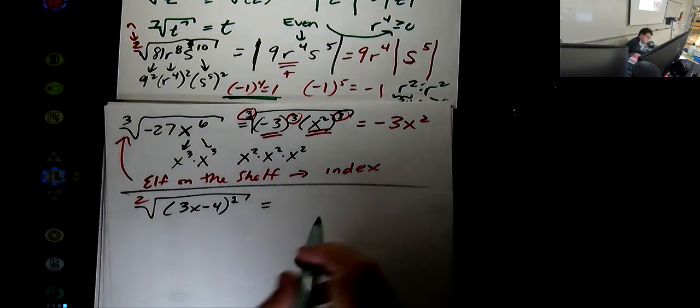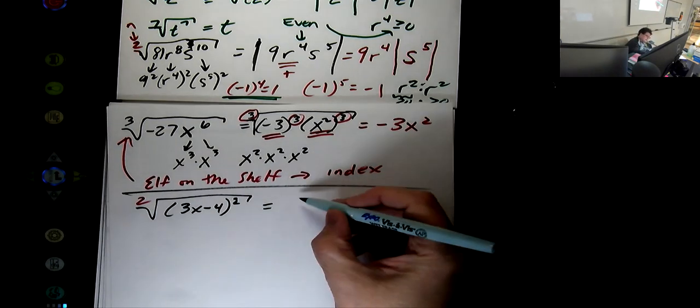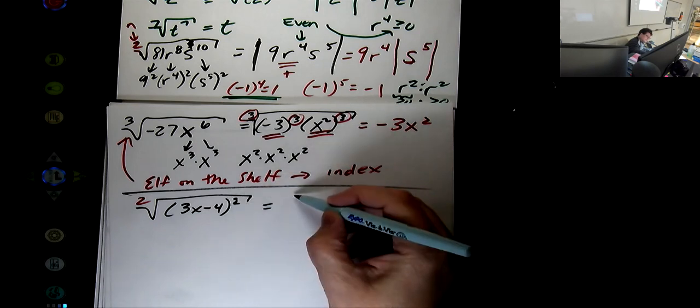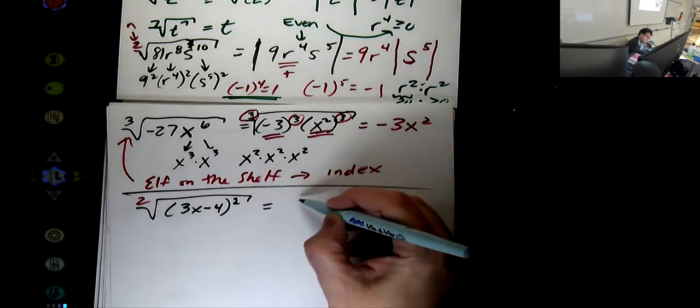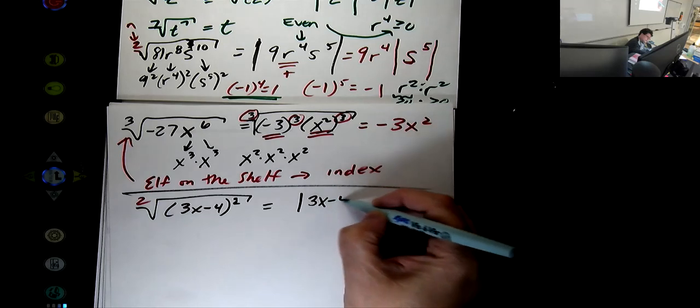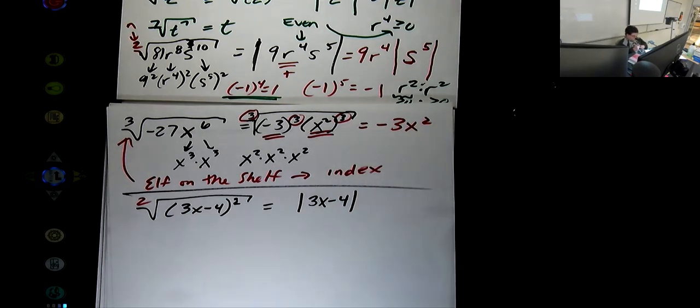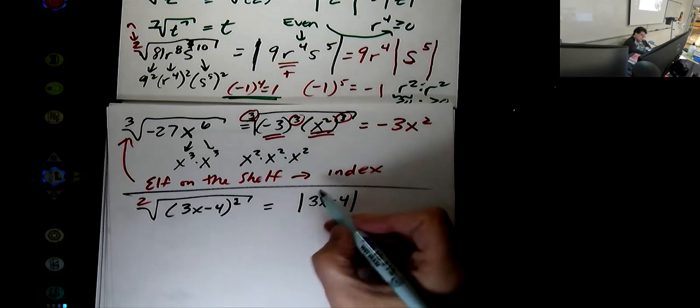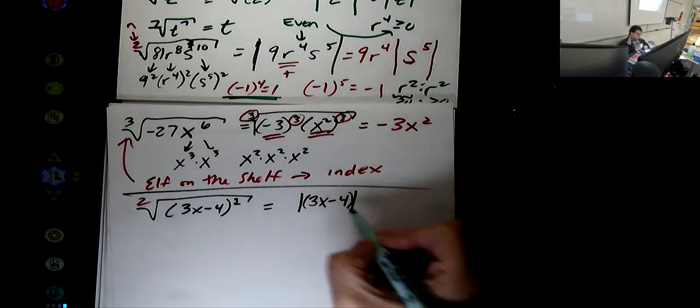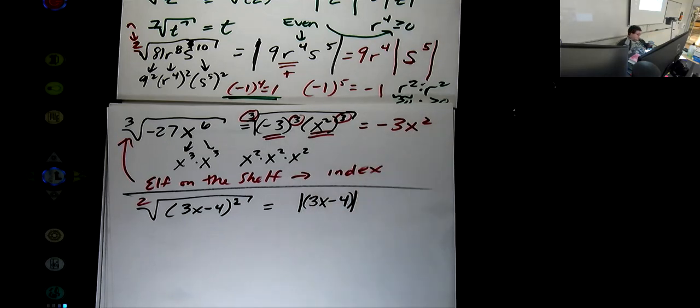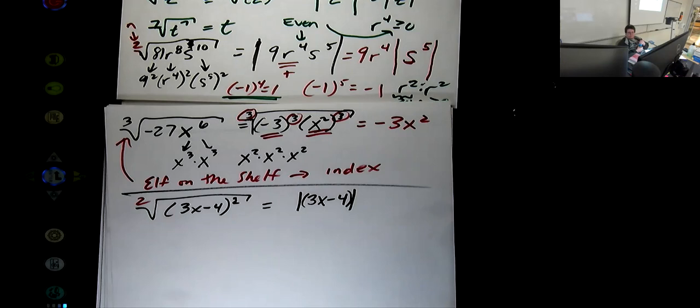And that means we're going to use absolute value signs if the thing inside matches it. So we got 2 and 2. This is the absolute value of 3x minus 4. The parentheses aren't necessary. I was putting them there just to show you that that's the same match of what came out.